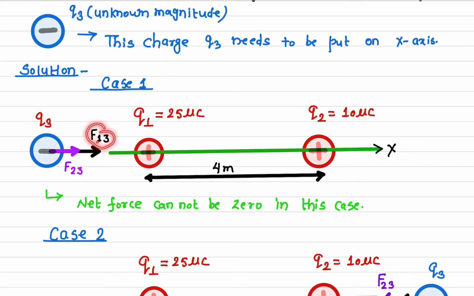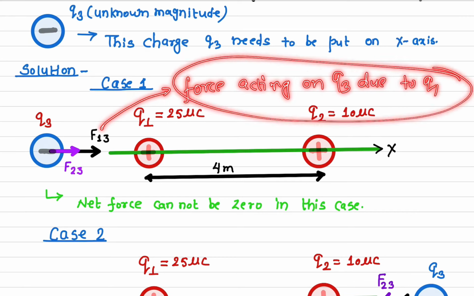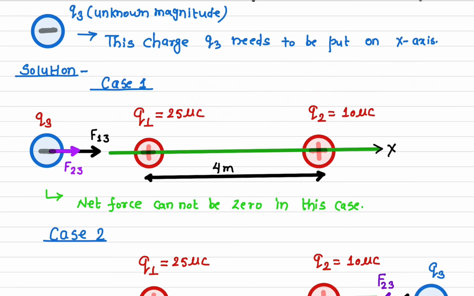F13, what does F13 mean? F13 means the force acting on Q3 due to Q1. So this F13 means the force acting on charge 3 due to charge 1.